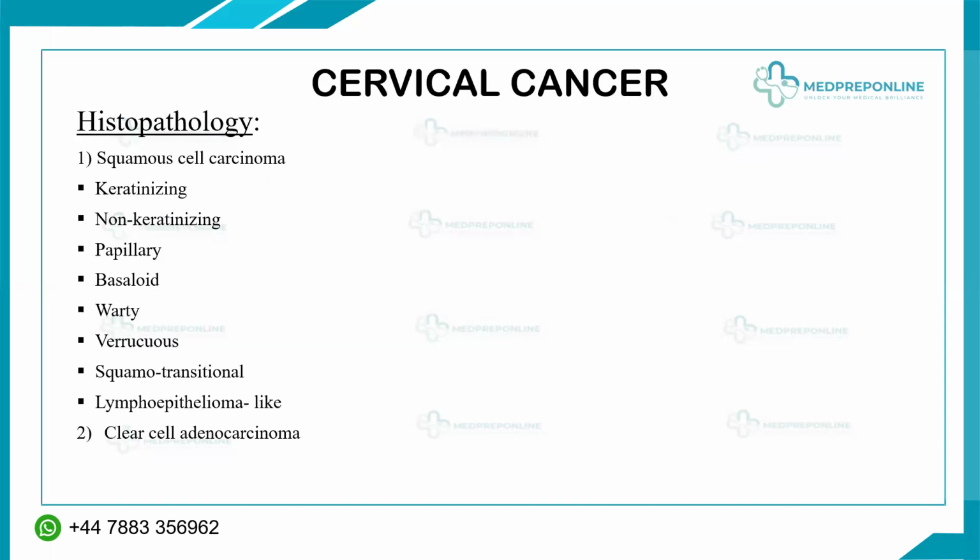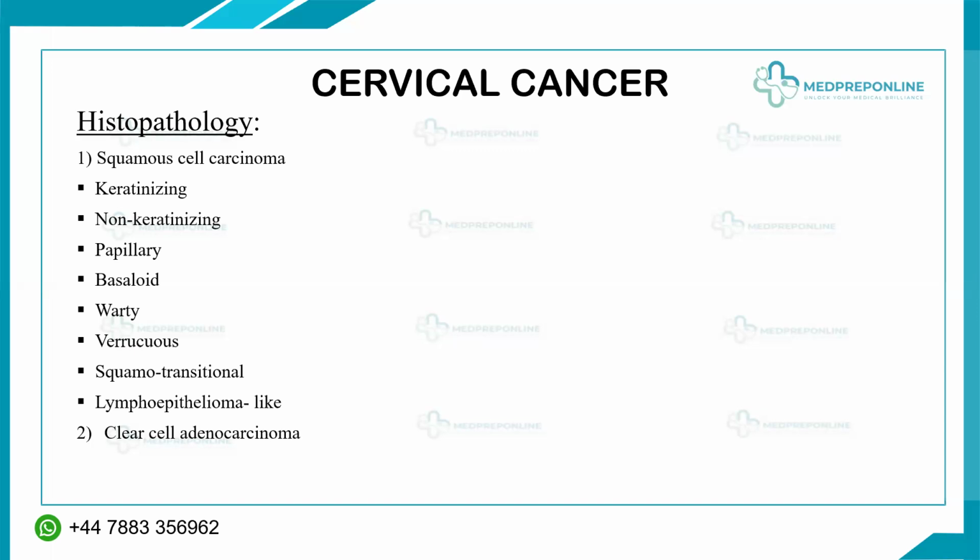Now, moving on to the next, which is cervical cancer. So from the different epithelial types which line the cervix, we have different types of cervical cancers, right? So the most common and most important type, as we know, is squamous cell carcinoma. This can be keratinizing, non-keratinizing, papillary, basaloid, warty, verrucous, squamotransitional, as well as lymphoepithelioma type.